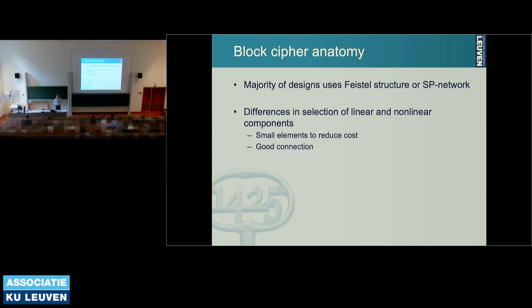Okay. If you look at modern block ciphers, almost all of them either use the Feistel structure or this SP network. So what are the differences between the ciphers is, you could say in the details, in which substitution blocks you exactly choose and how you implement the diffusion.